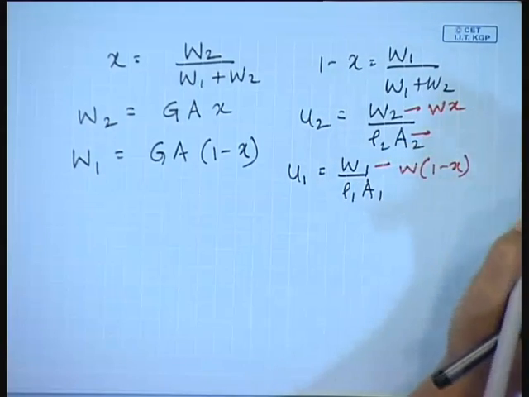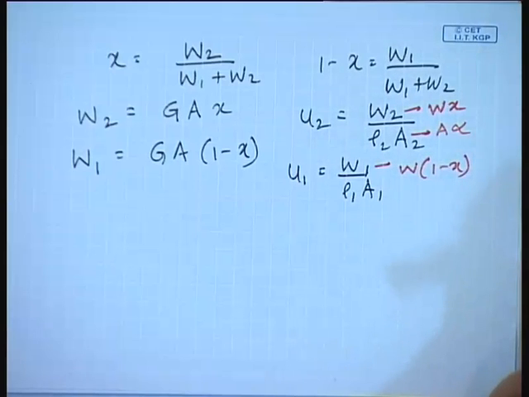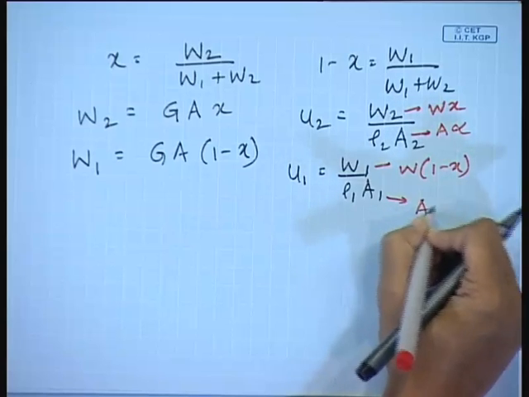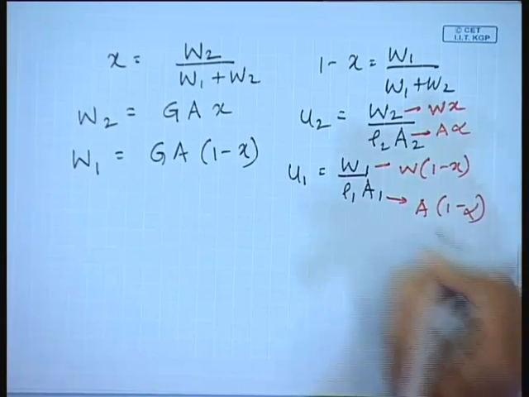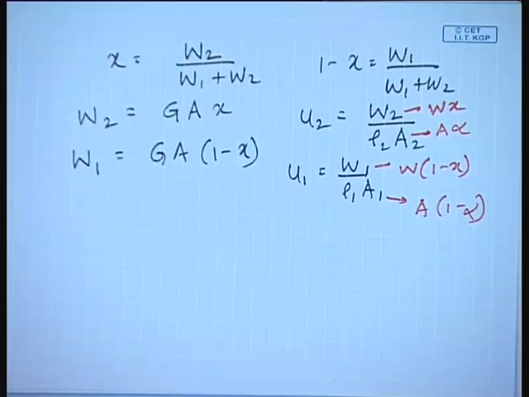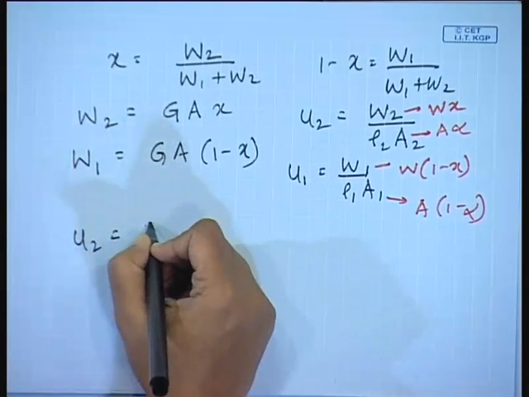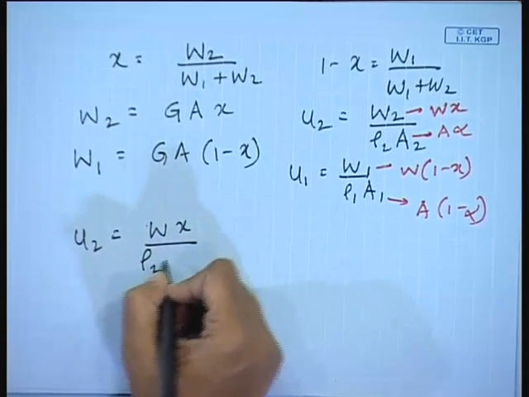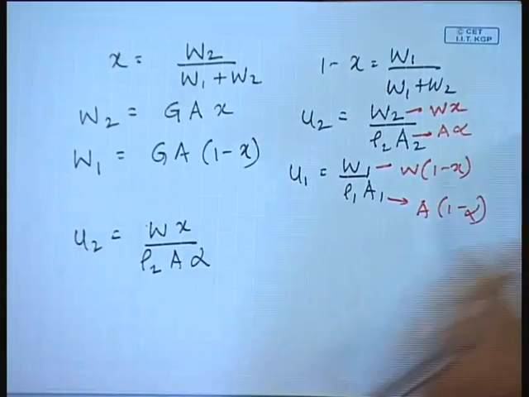Instead of A2, what can we write? Can we not write it down as A into alpha? Yes, we can do it. Instead of A1, can we not write down A into 1 minus alpha? So, if we make these substitutions, what do we get? We get U2 equal to Wx by rho 2 A alpha.